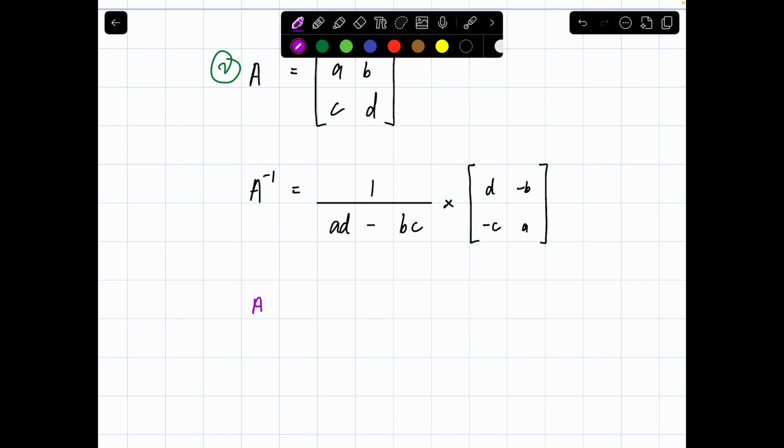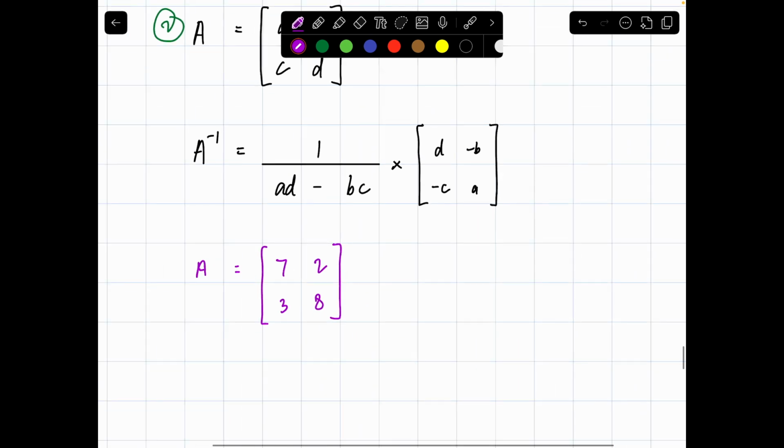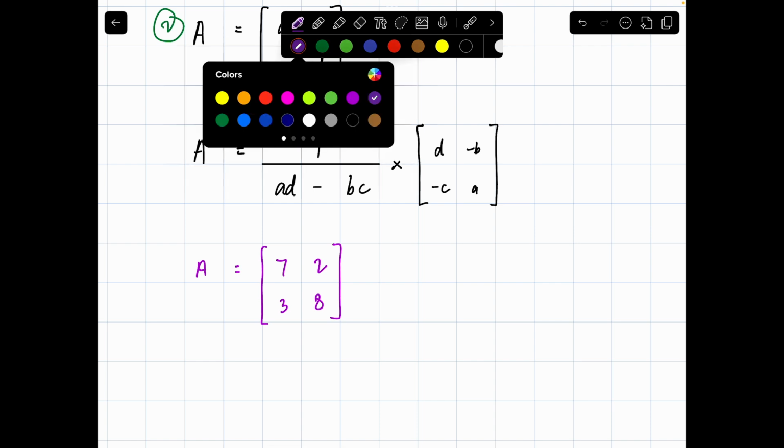Let's say A is 7, 2, 3, 8. Using the given equation, let's use dark purple.